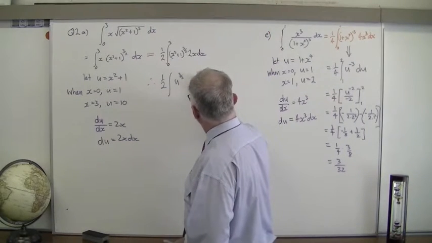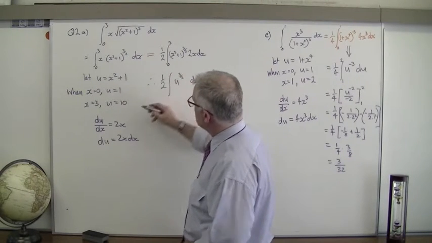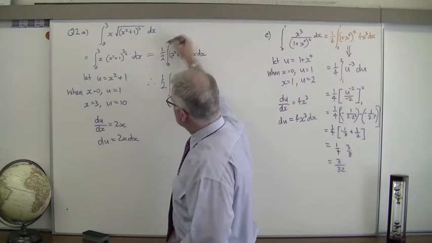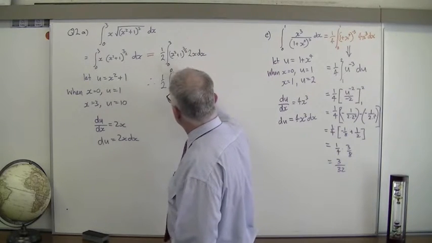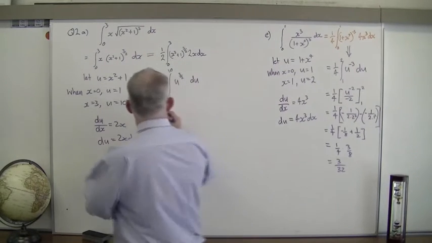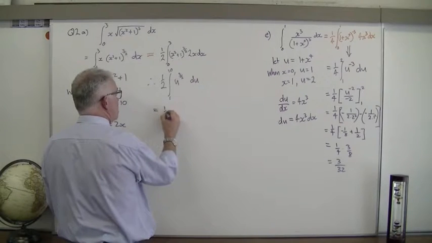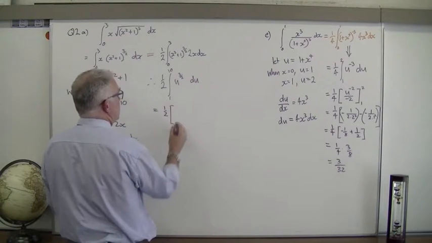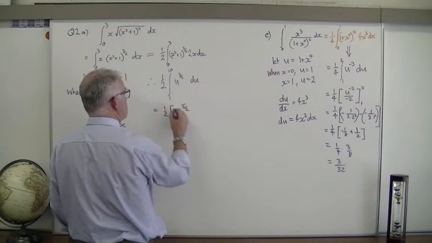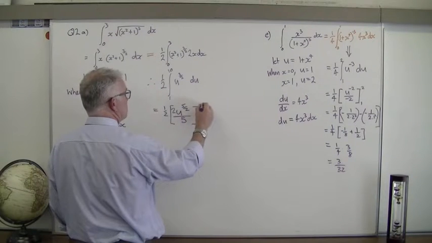So we go du here, and the limits of integration, when x is 0, we know u is 1. When x is 3, we know that u is 10. And now we'll continue with this. We'll do the integration, which will be a half outside of u to the power of 5 on 2, times 2 on 5, and the limits of integration.